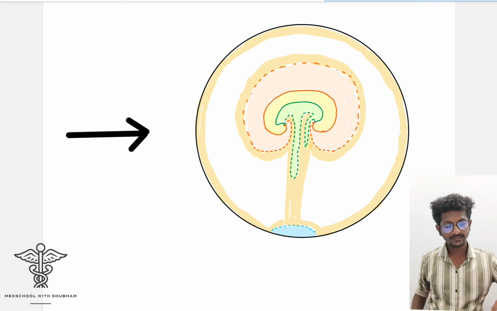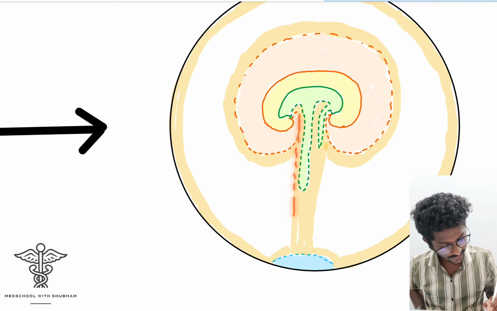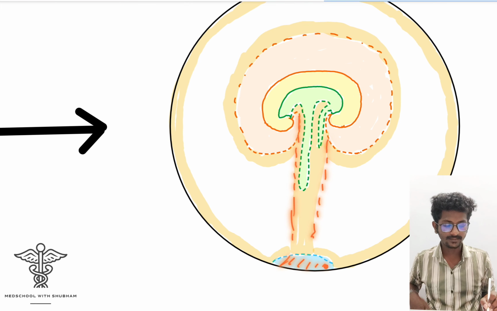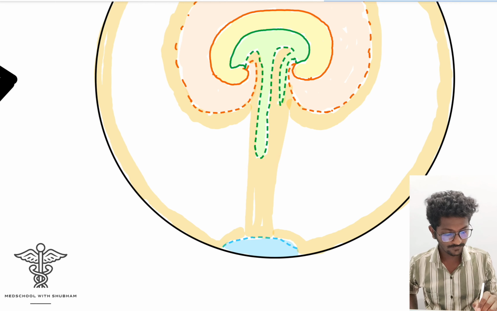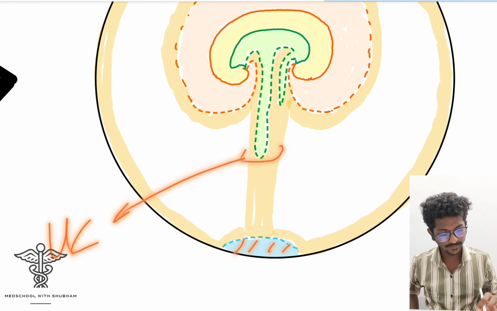Okay, now let's see further things. Now this is the undifferentiated extraembryonic mesoderm, and this is the placenta. I hope you remember that this undifferentiated extraembryonic mesoderm was the one which will form the umbilical cord, and this is the placenta.